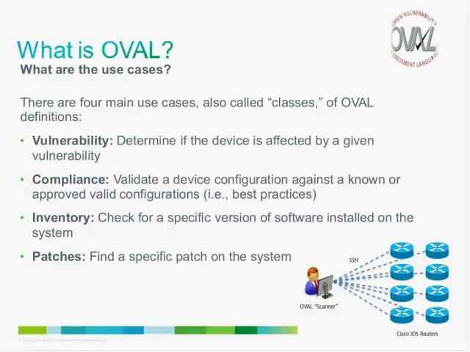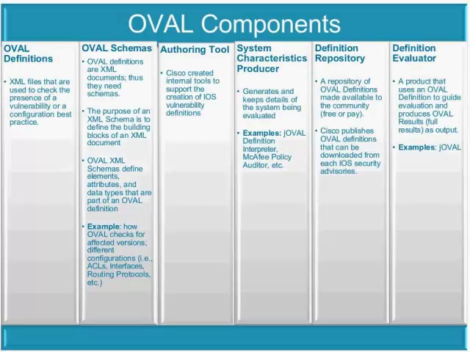There are many use cases for OVAL, but the four major ones are to determine if the device is affected by a given vulnerability, to, of course, check for compliance, use it for somewhat of an inventory check, in other words, to check for a specific version of software that is installed in the system, or at the end of the day, of course, to see if the specific patch is on the system or not, or what is the posture of that device.